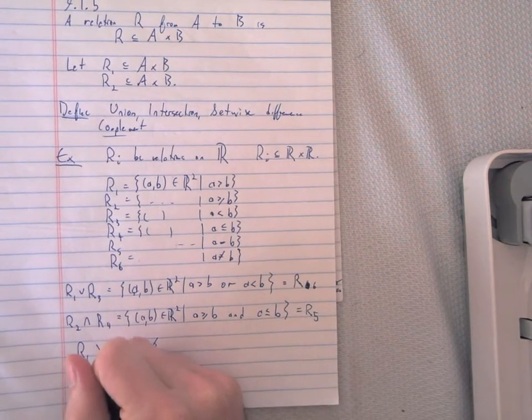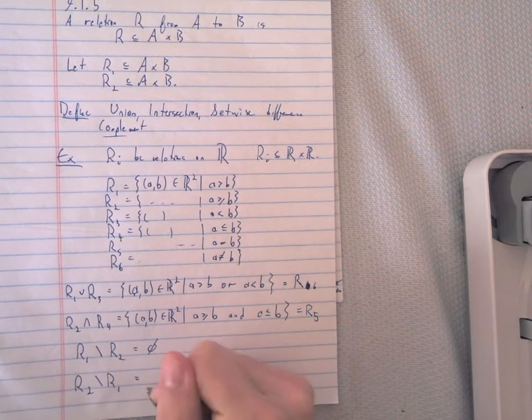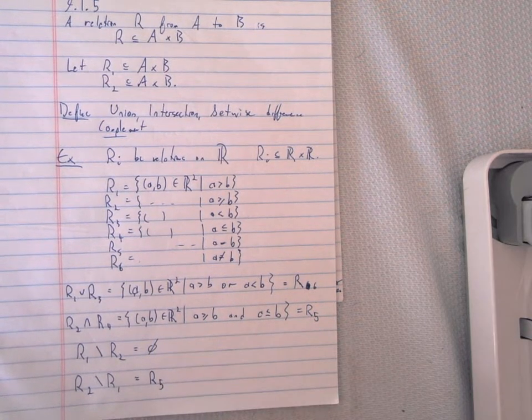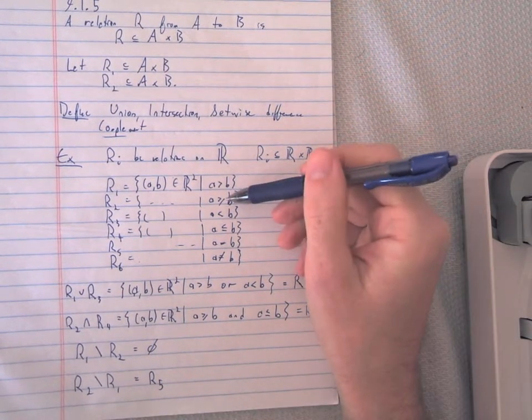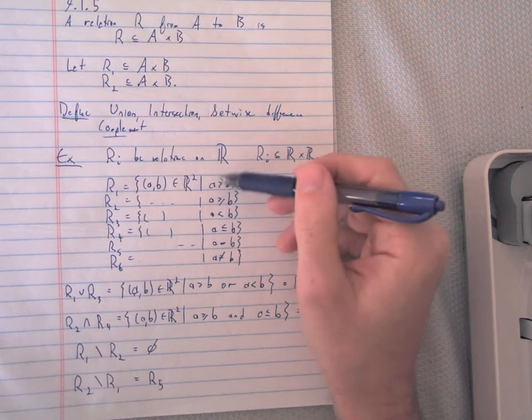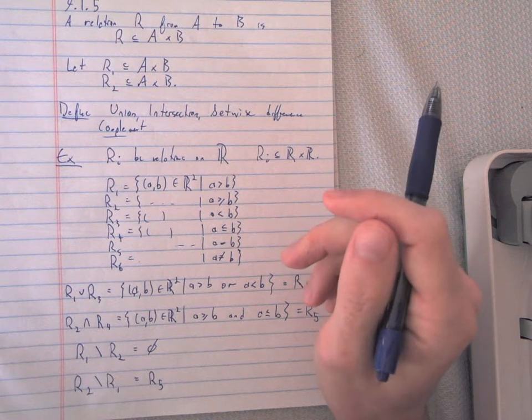On the other hand, if we reverse it and do R2 minus R1, then once again, we're going to be left with R5, right? Because if I take all elements such that a is greater than or equal to b and I subtract off all the elements where a is greater than b, I'm just left with the set where a is equal to b.